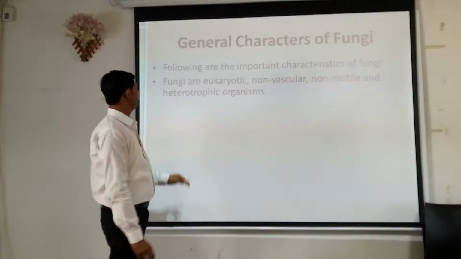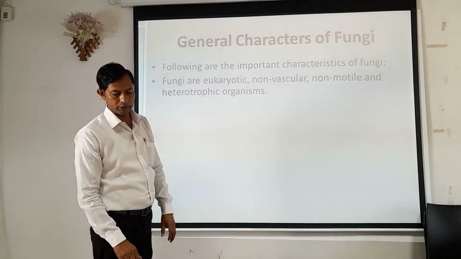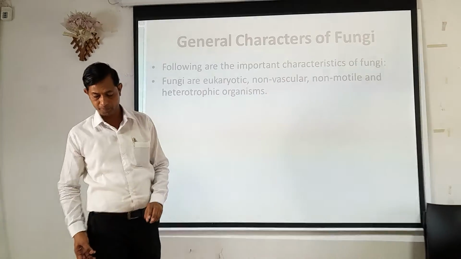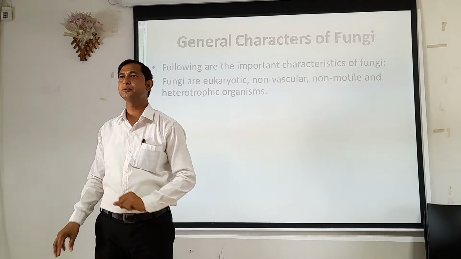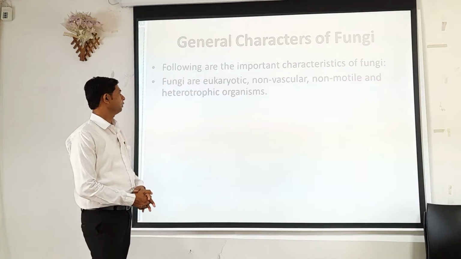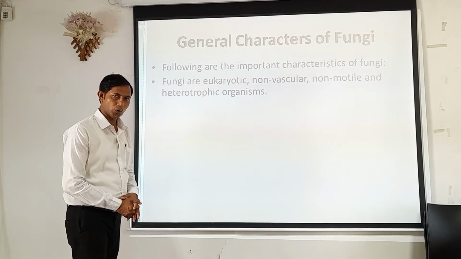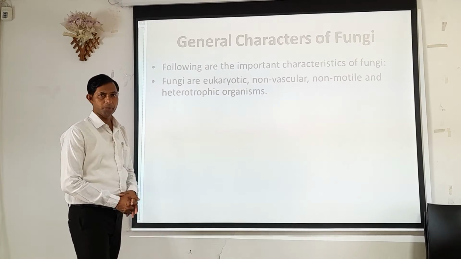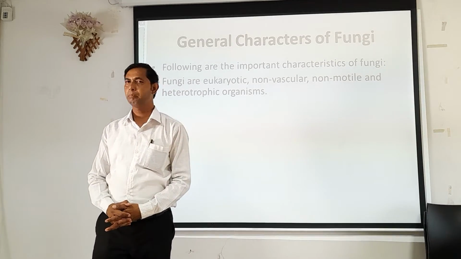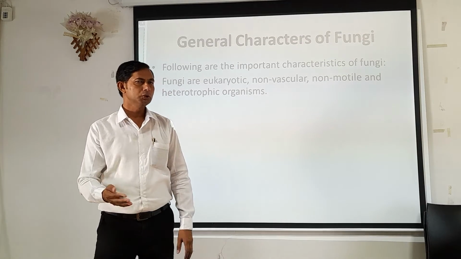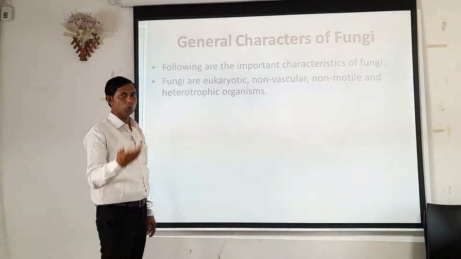And along with that, they are heterotrophic organisms. Now this is a most important topic, heterotrophic. What is heterotrophic? We know that there are two types of organisms found on earth: autotrophic and heterotrophic. What is autotrophic? For example, plants. Plants can prepare their own food, so they are known as autotrophic.